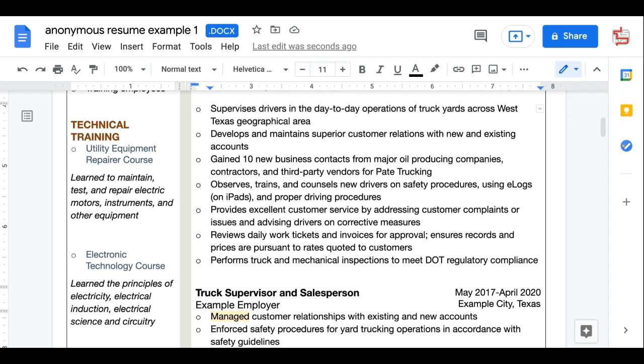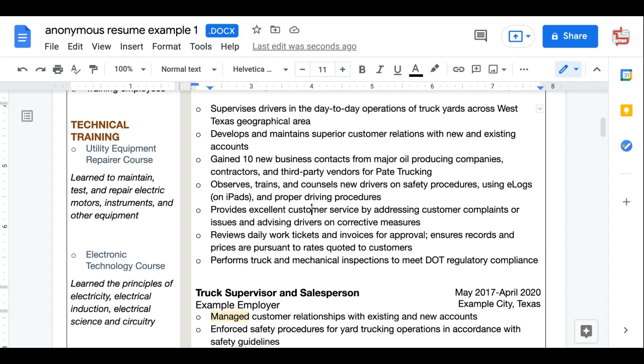Let's do one more. Gained 10 new business contacts from major oil producing companies, contractors, and third party vendors for the trucking company. So this is an example of a piece of quantitative information that you can add on your resume.